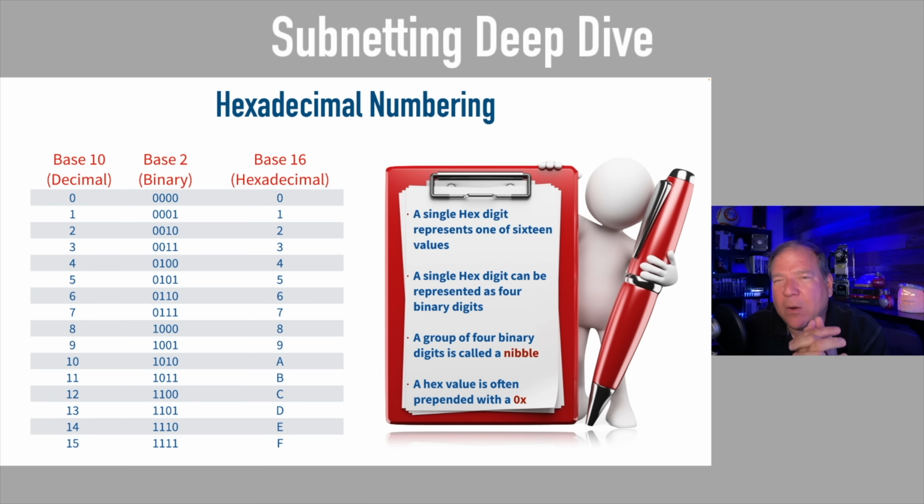Well, generally, we prepend a hex number with 0x. The 0 and the x don't really have any meaning except to say, hey, the number that I'm about to show you is a hex number. So if I had 22 in hex, it would be 0x22. That tells me it's not decimal. It tells me it's a hex number.